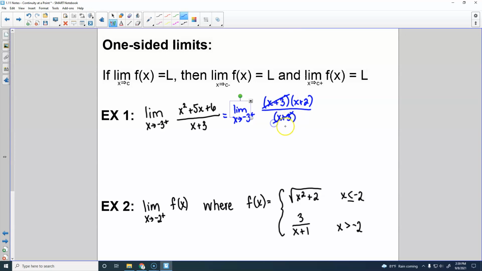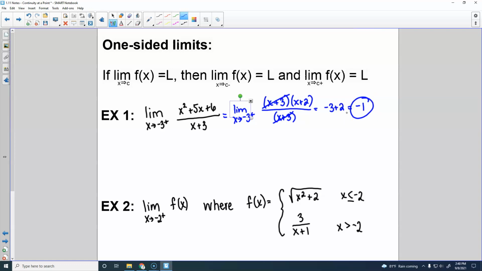The x plus 3's cancel. What do we do after they cancel? We just plug in. You do have a removable discontinuity there. Good. For our limit, we're just going to plug in -3. So -3 plus 2 equals -1. That is your limit.